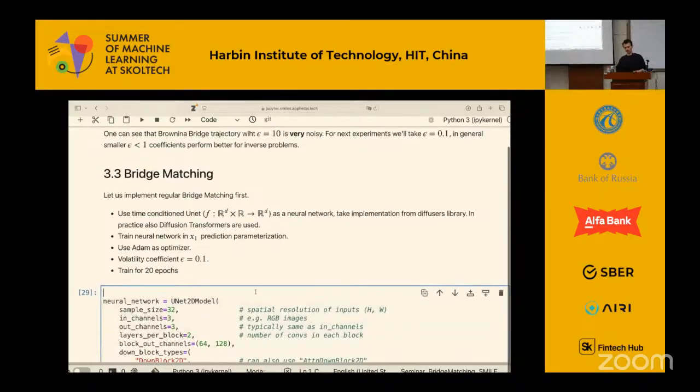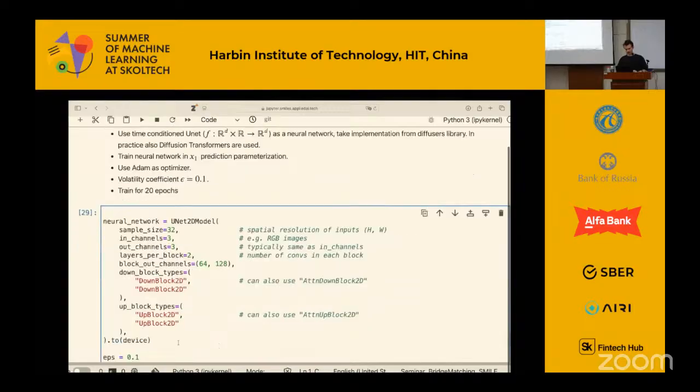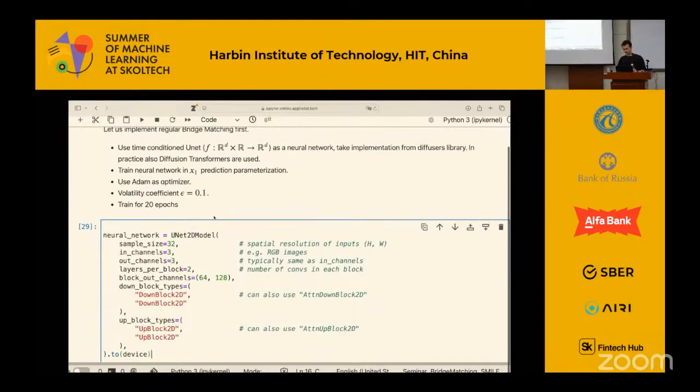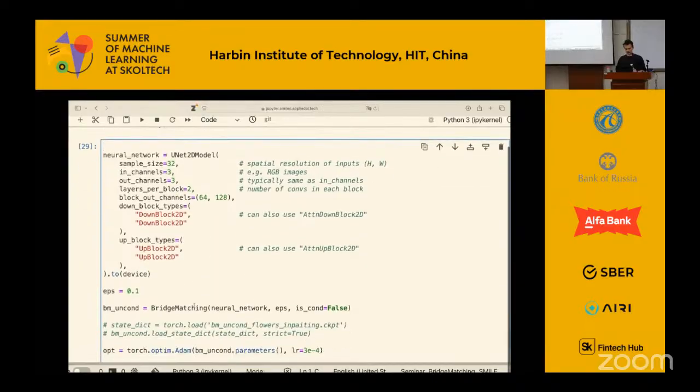So again, we just implement the model, and we take a UNet as a neural network. As I said previously, I've taken this UNet model from the diffusers library, which is used for diffusion-based or flow matching-based generative modeling. What we would do here is just learn our bridge matching.